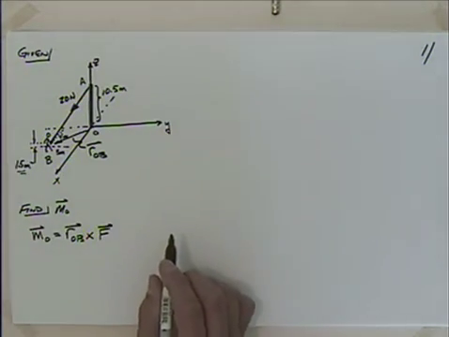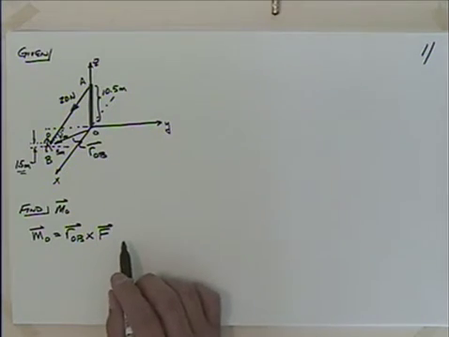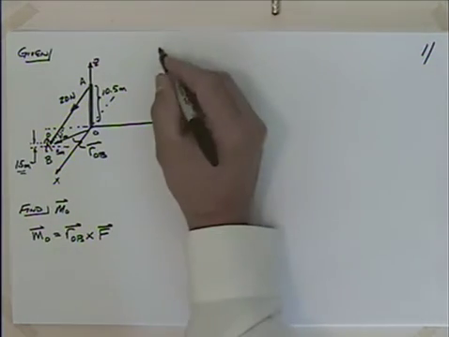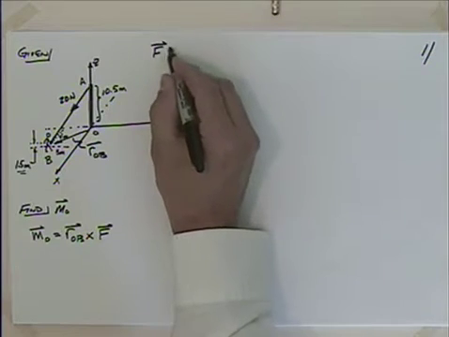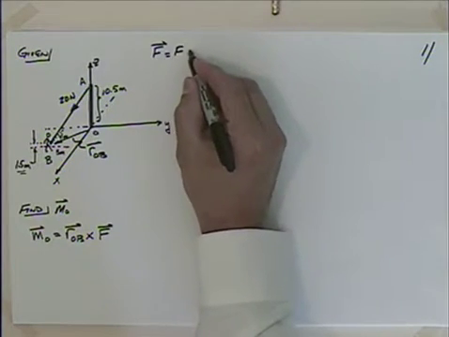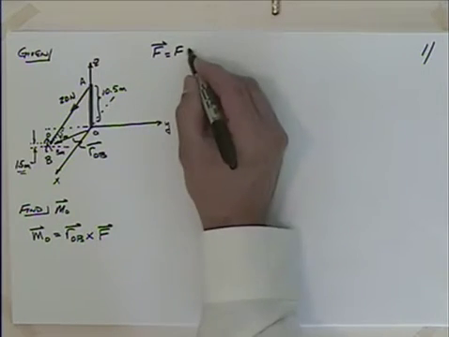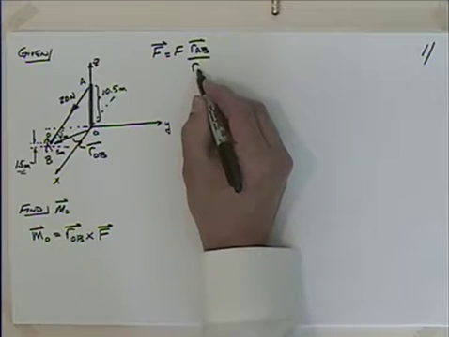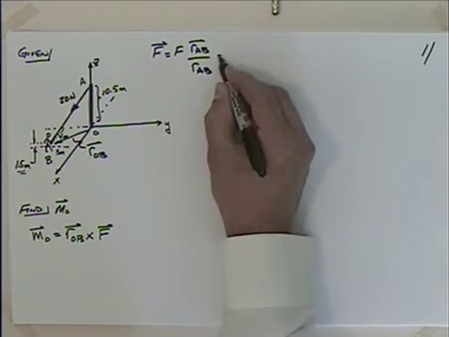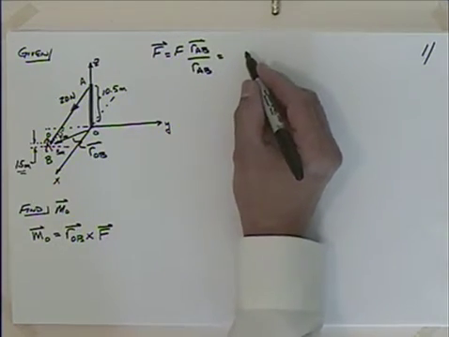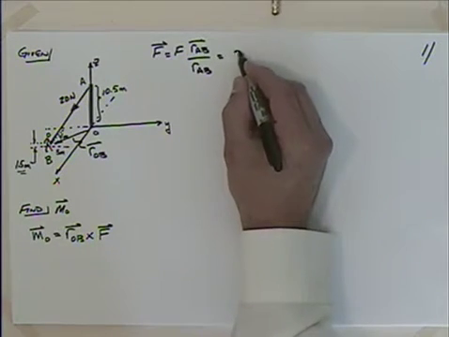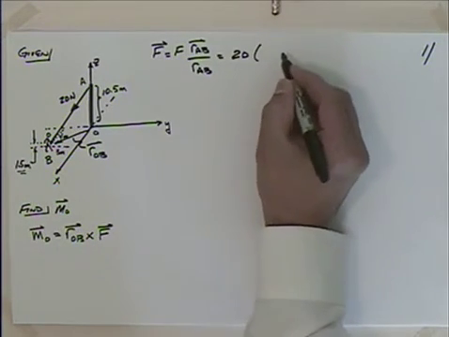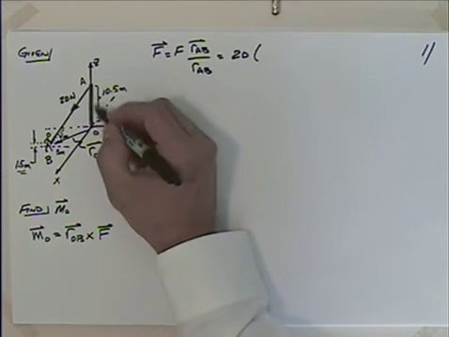So we're going to have to spend some time quantifying what F is here. Remember, we can write F as its magnitude times the position vector from A to B divided by the magnitude of that position vector. So let's see how that works out. We know that it has a magnitude of 20 newtons. And then I need to multiply. How do I get from A to B?